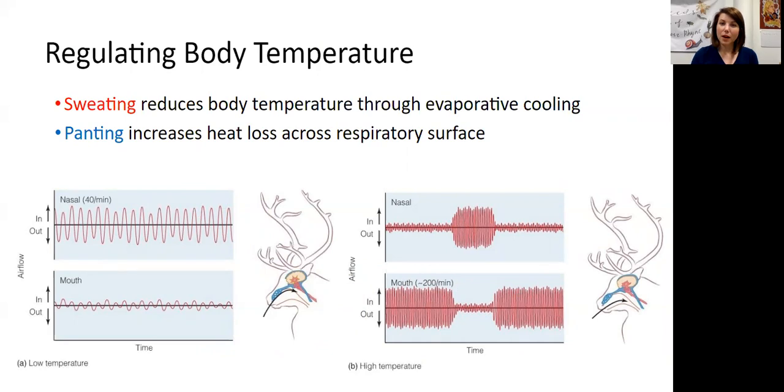All right, and so in a lot of animals, sweating and panting is going to be a very large part of cooling the body. In sweating, the body is going to create moisture that will evaporate and pull heat away from the body when it evaporates. Sweating only works really well when it can evaporate.